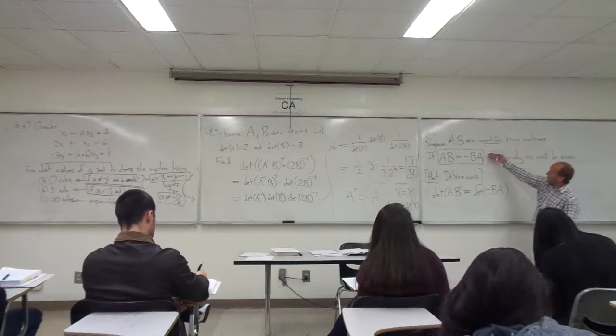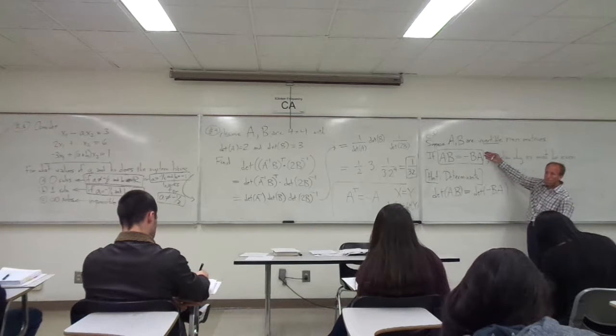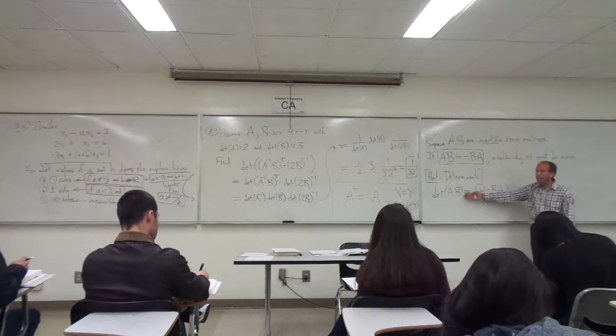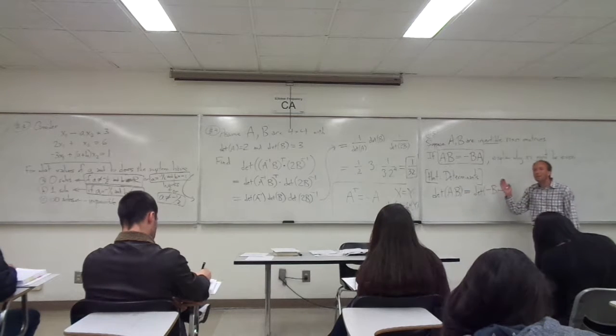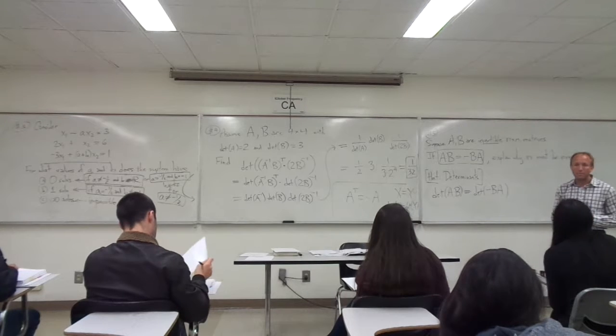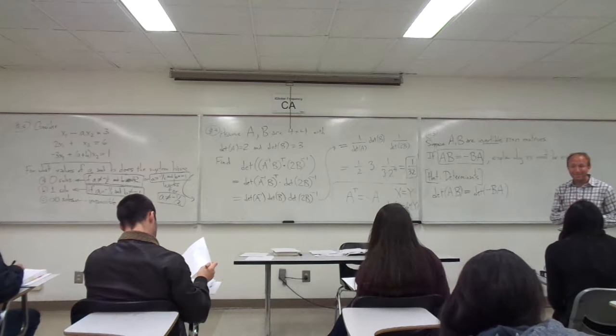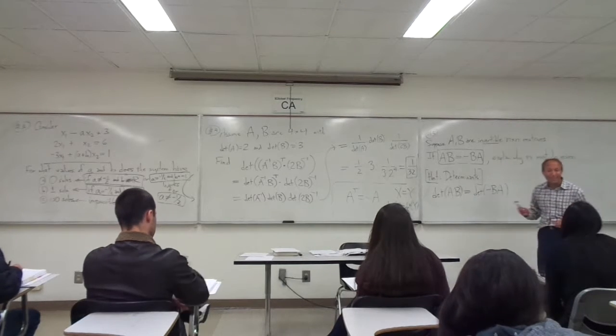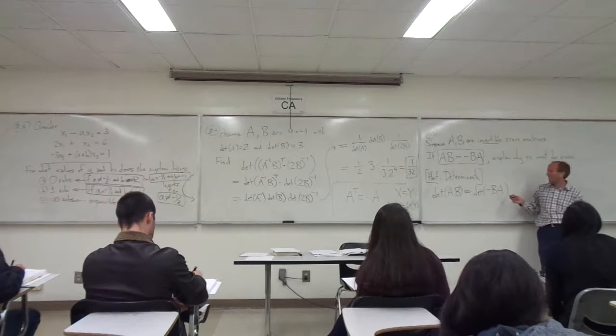If I start by assuming this, then by taking determinants of both sides, it still has to be the same. Anybody not happy with that? That's kind of a key step.